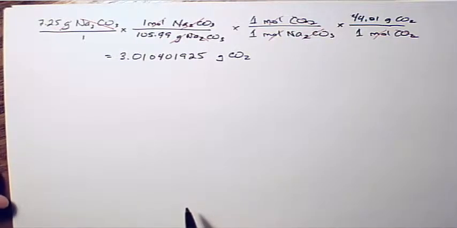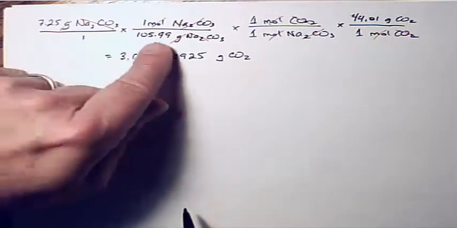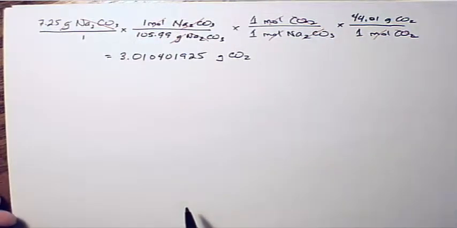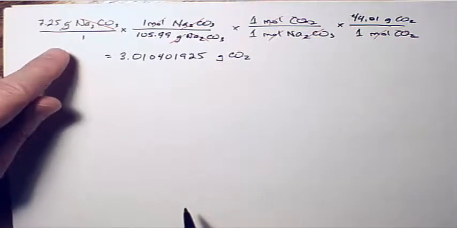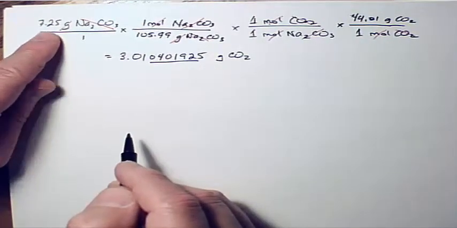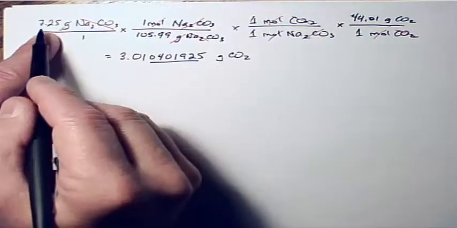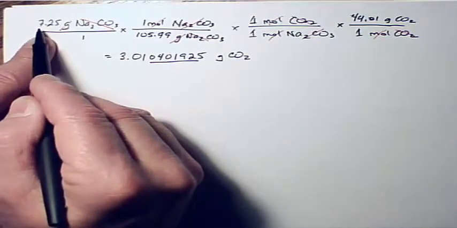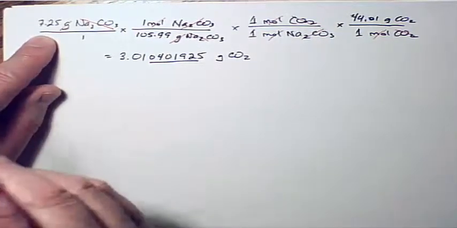From Unit 1, how many significant digits do you need in a final answer when you're doing multiplication and division? The fewest, so 3 digits, from the 7.25. So there's 3 digits in this measured or calculated number.